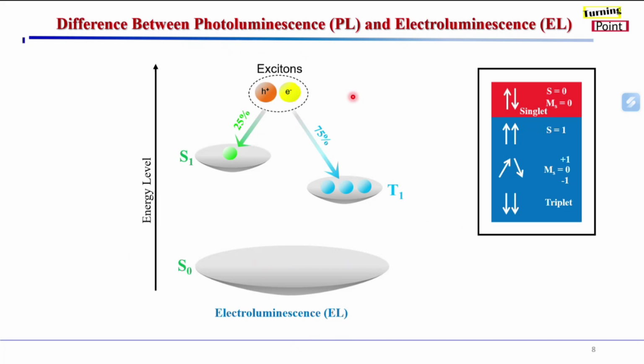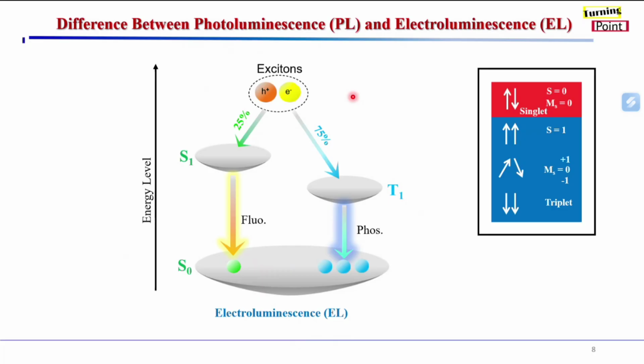When the singlet excitons come back to the ground state, they emit light as fluorescence. When the triplet excitons come back to the ground state, they emit light as phosphorescence. Here, in the case of electroluminescence, the triplet state is more populated compared to photoluminescence. And OLED devices are based on the electroluminescence principle.